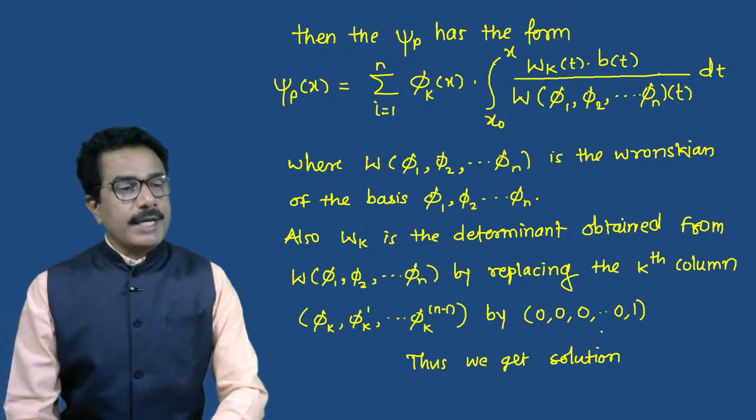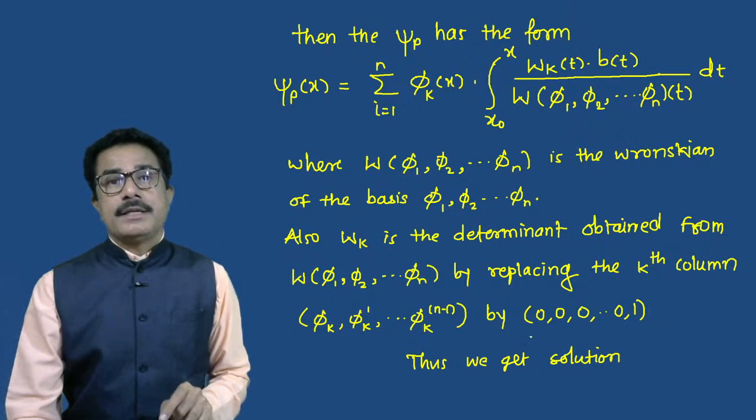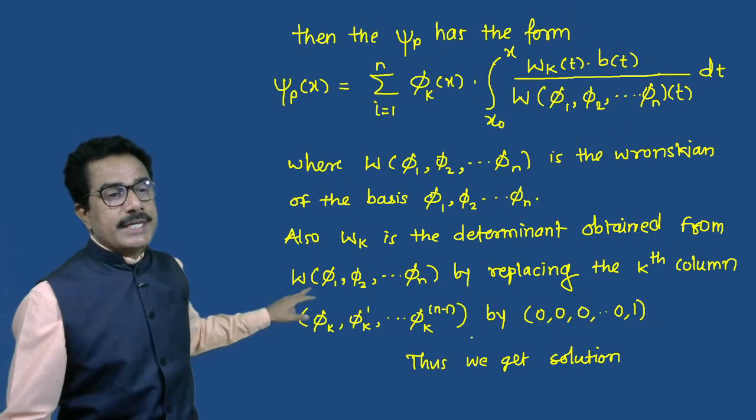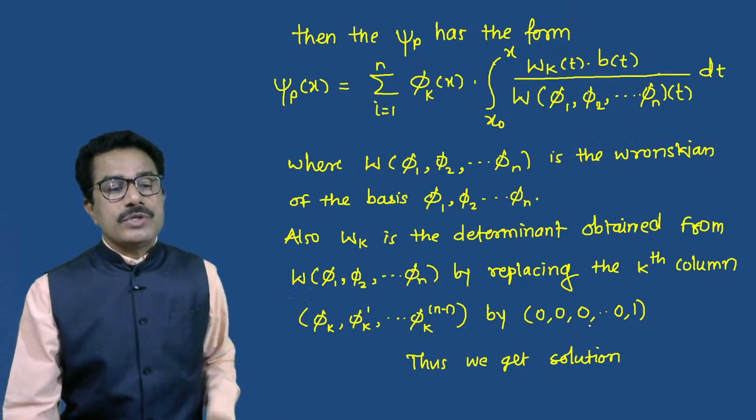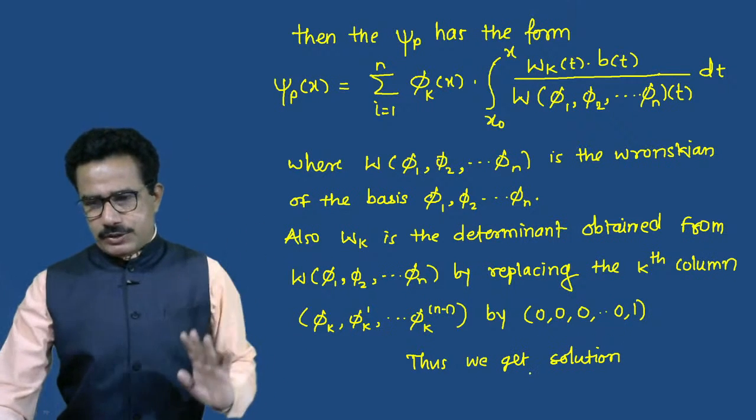In this way we can obtain this. But the last column we have to replace: the last column of this Wronskian can be replaced by 0, 0, 0, ..., b. We have seen this, and thus we can find the solution.